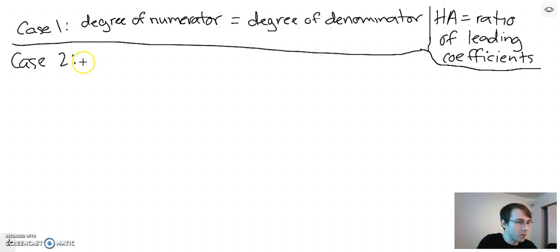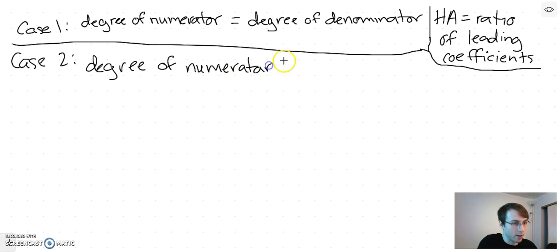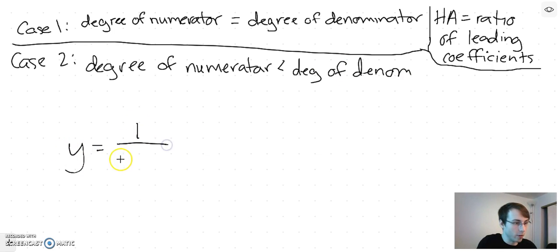Alright, case 2 is that the degree of the numerator is less than the degree of the denominator. And that might be something like y equals 1 over x plus 1.